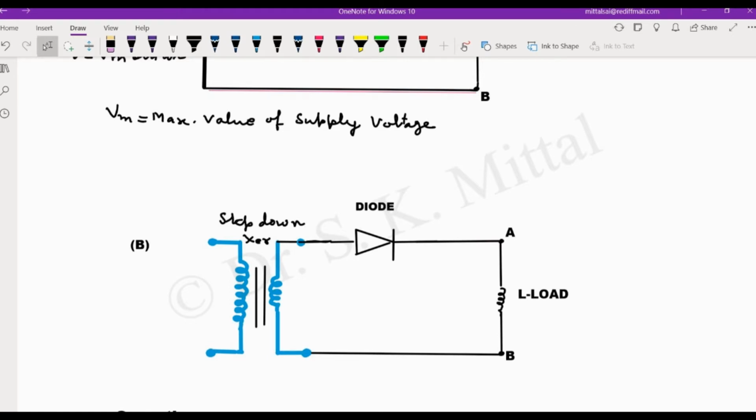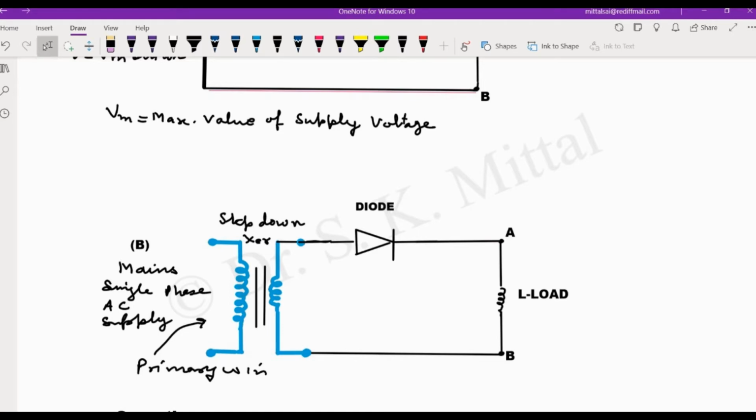Sometimes low voltage DC is required, therefore main supply or domestic AC supply single phase is applied at the primary winding of the transformer.